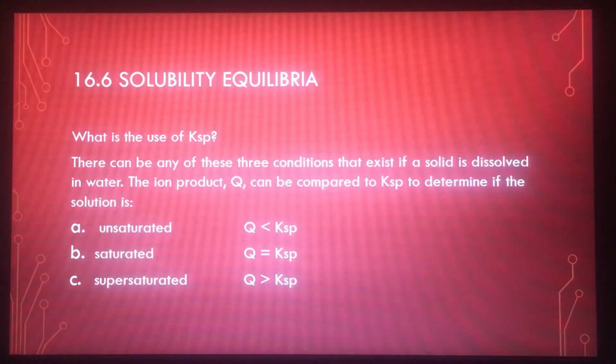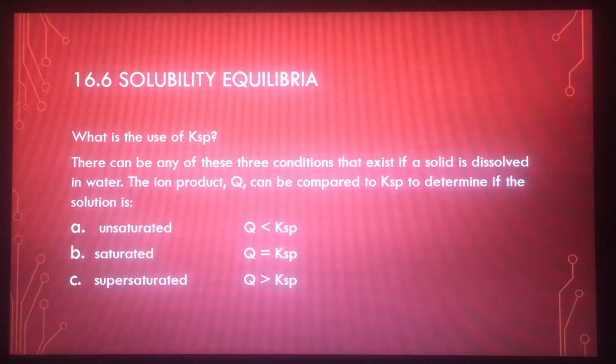Okay, so why do we need to study this KSP, or what is this KSP used for? There can be a condition wherein if we dissolve a solid in a solution, it will give off a saturated, unsaturated, or supersaturated solution. And the KSP can be compared with Q, or the ion product, which we also know from the previous chapters.